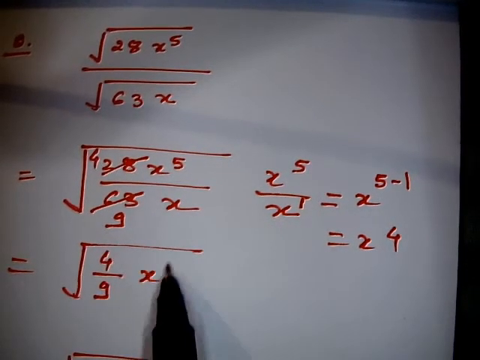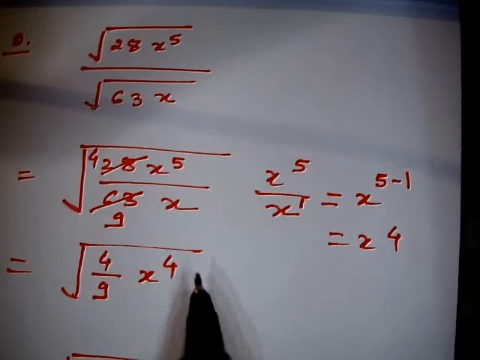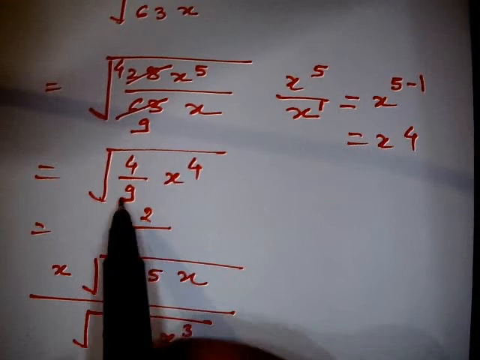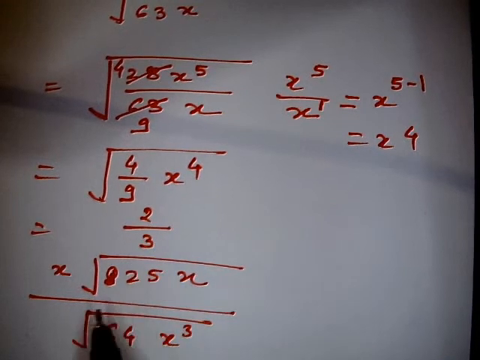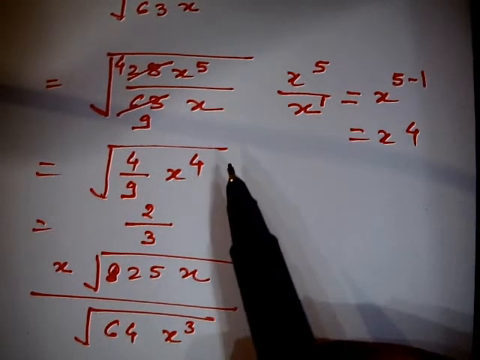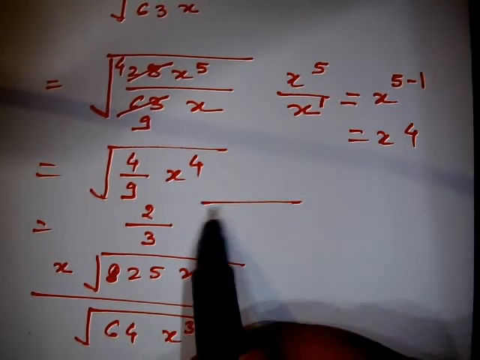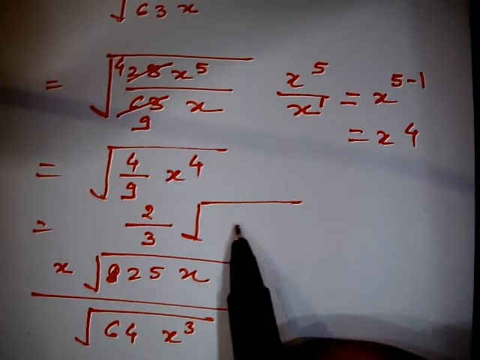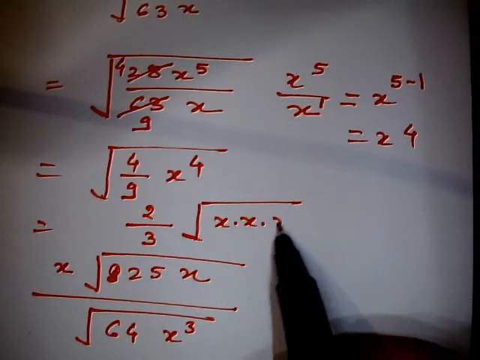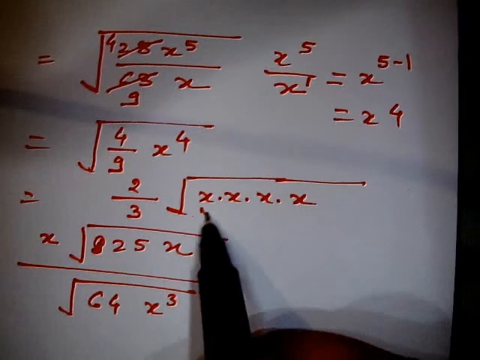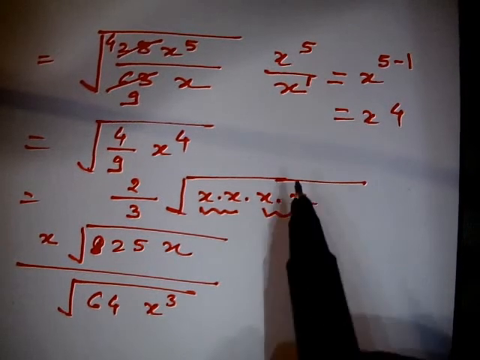Now 4 is the square root of which number? 2. 9 is the square root of which number? 3. Now the problem is x to the power 4. Inside the square root I write x times x times x times x. This is one pair and this is another pair, and from each pair one x comes outside.